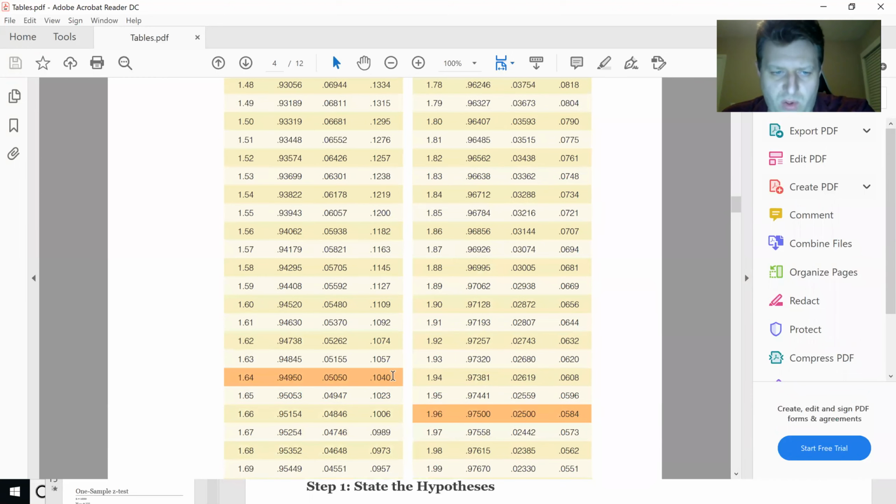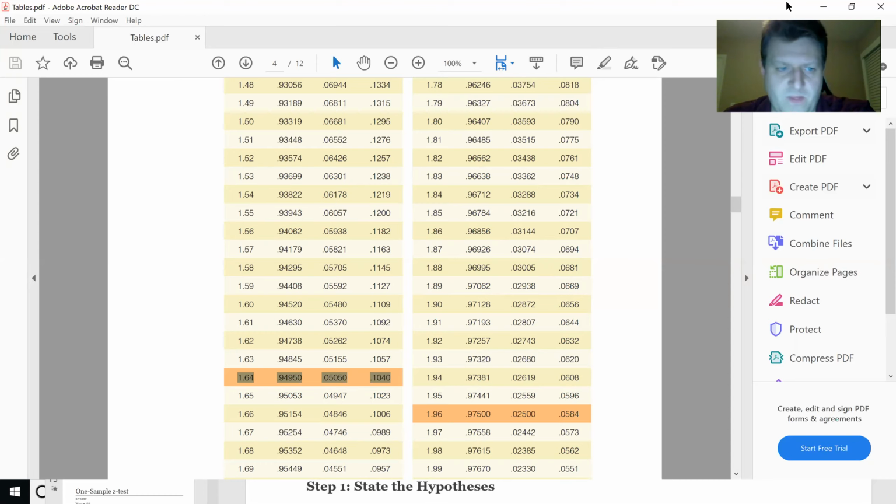And lo and behold, this is where it does it. This is at least the closest here. So when we have a z-score of 1.64, roughly 5% of people are going to score above that z-score. But since the standard normal distribution is symmetric, a z-score of negative 1.64 lets me know that approximately 5% of people will score less than that.